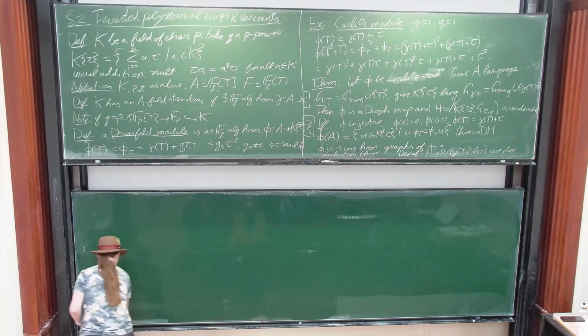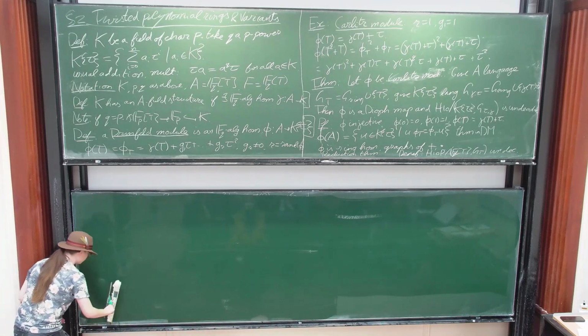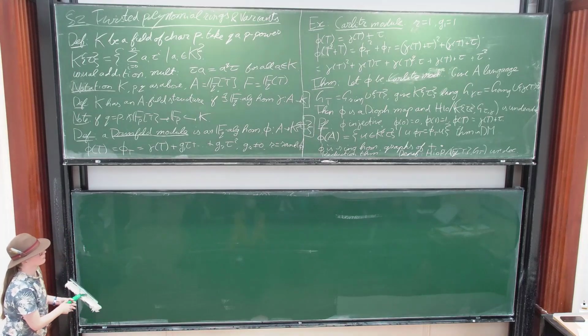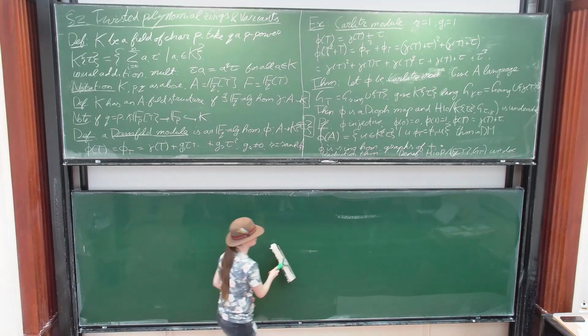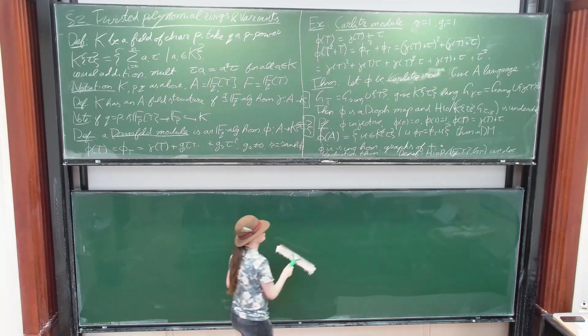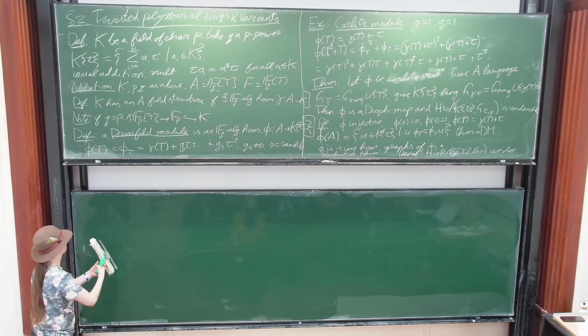So I'm just saying A is quantifier-free definable in there, because you have constants for gamma t and for tau. That's true.